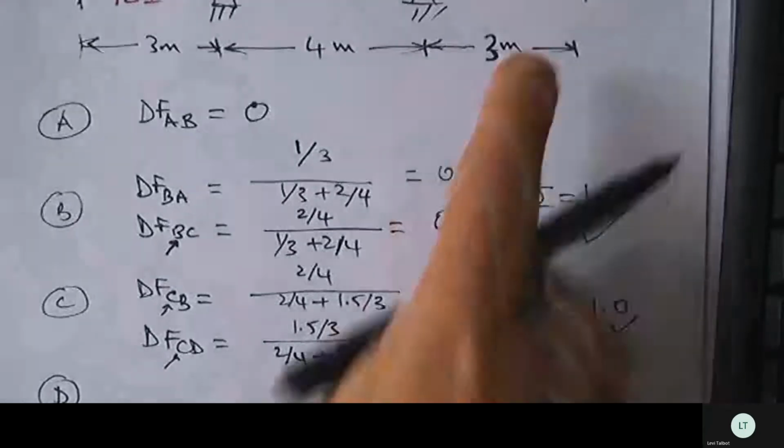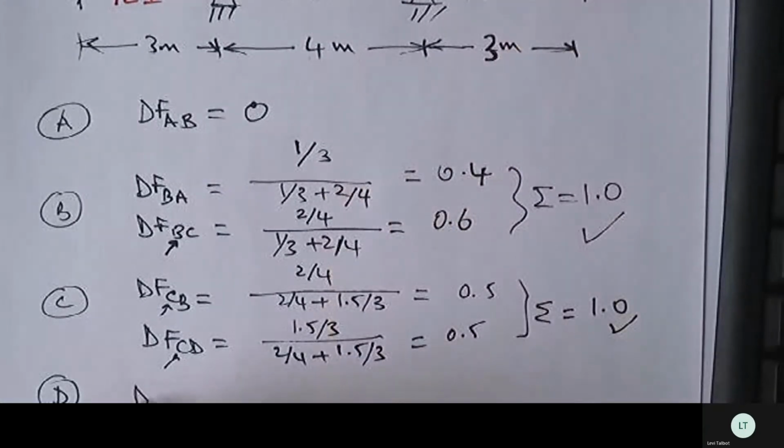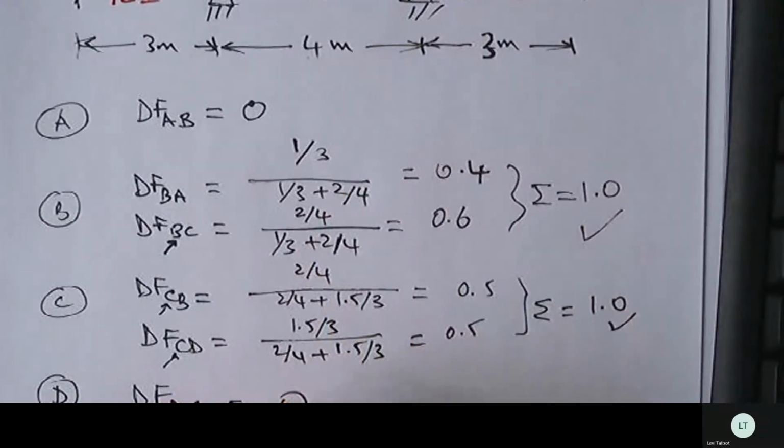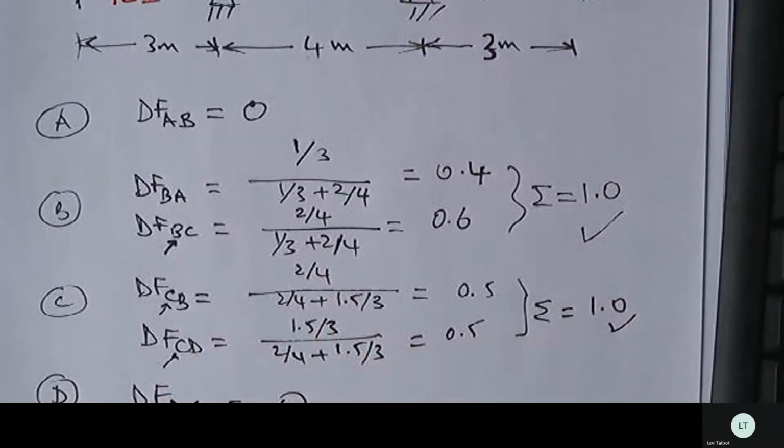And finally, for joint D, we have DF, one member, DC, and it's 0. Is that clear?